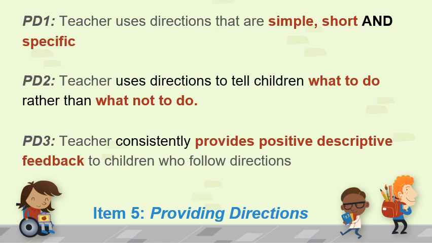For example, pick up the toy and come to the door, or find a partner and sit at the table. PD 2 is teacher uses directions to tell children what to do rather than what not to do. So for this, just avoid using don't or stop. Just tell them what you want them to do.